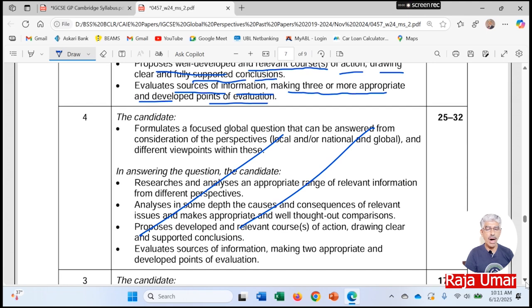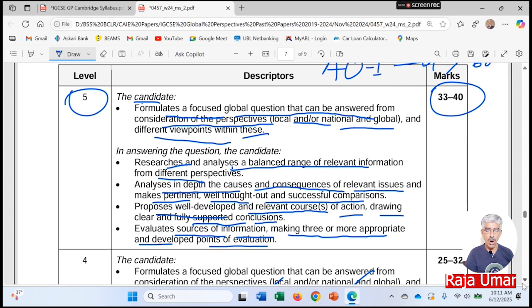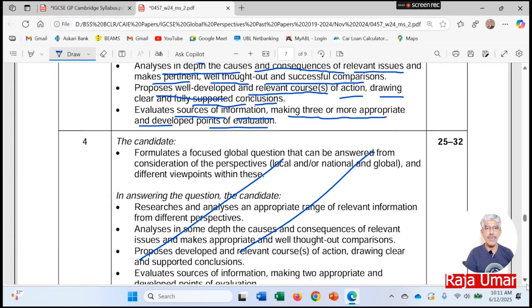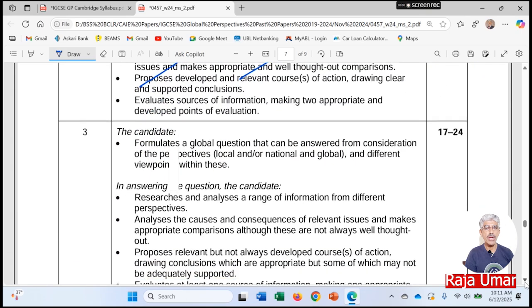If you are at the highest or the top level, you must be getting this many marks. If you do not have a good report at level 4, you might be getting 25 to 32 marks. If further lower, not recommended, you might be getting 17 to 24 marks out of 40.